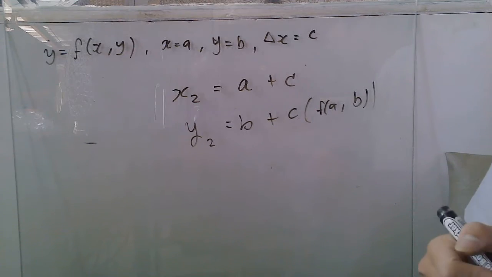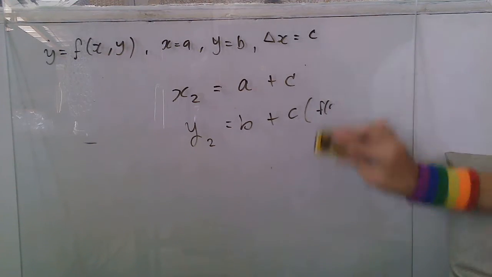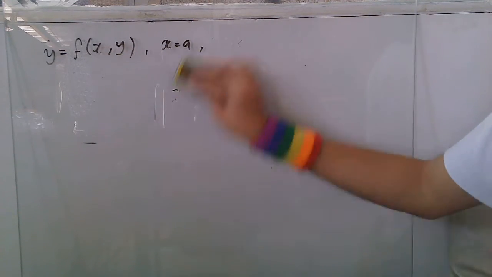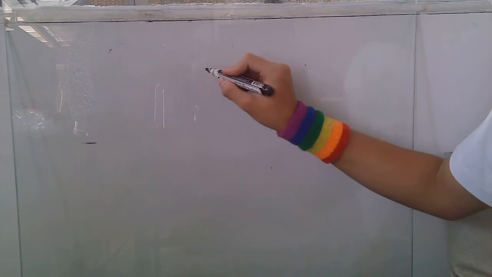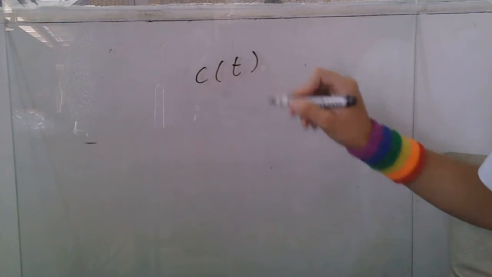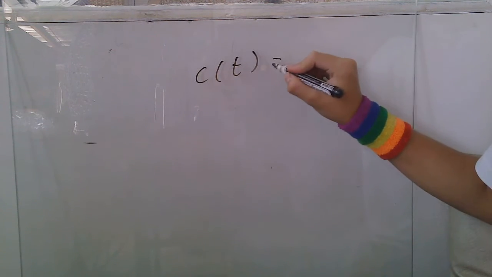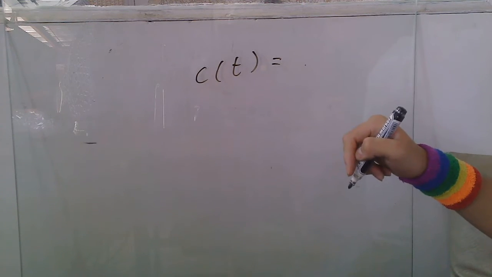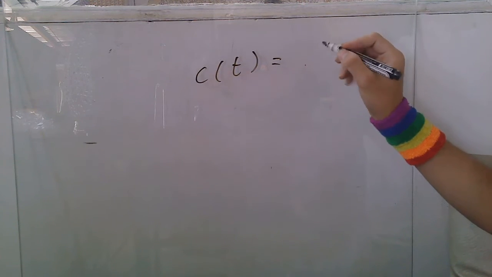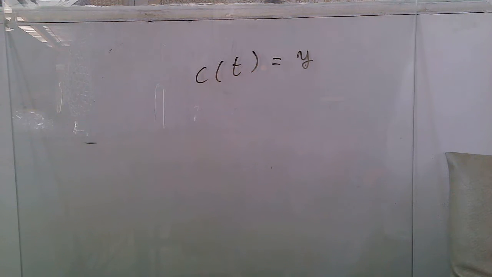So how does this relate to our notation? If we're describing one characteristic with another, let's say we're describing the choice with respect to time. Let's say that c is a function of time, and write it as y.